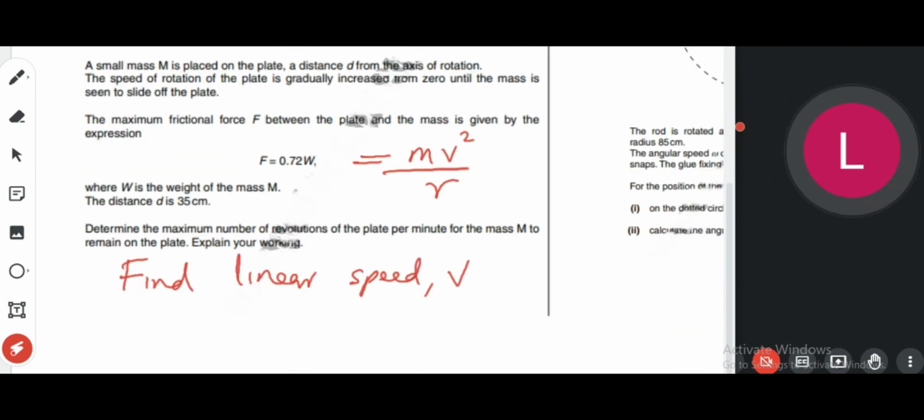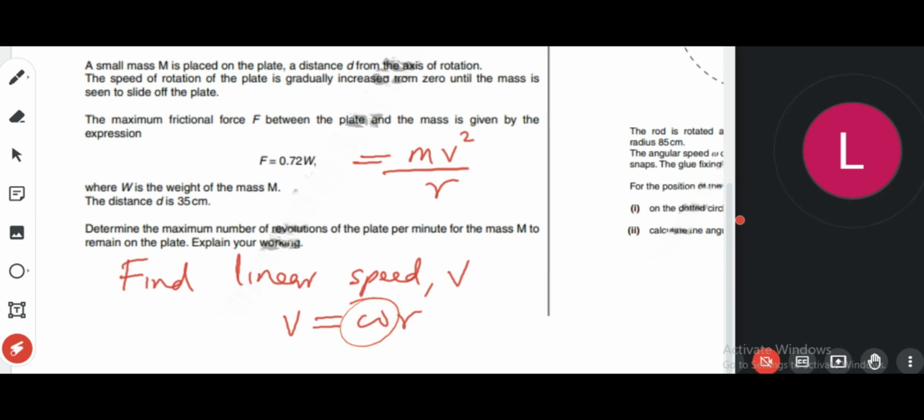So when you find the linear speed v, v is equal to omega r, where omega is the angular speed. With the angular speed, you can now find the number of revolutions per minute. Angular speed is like the number of revolutions per second.